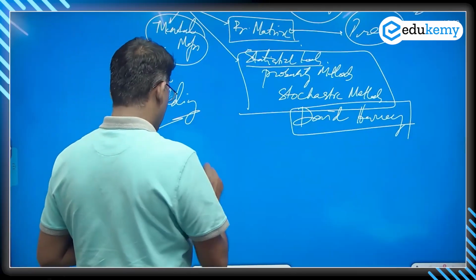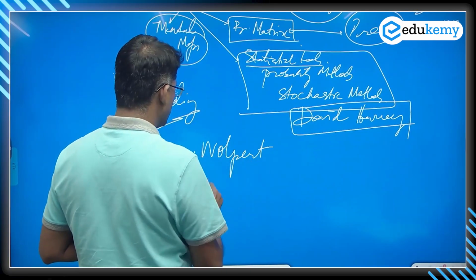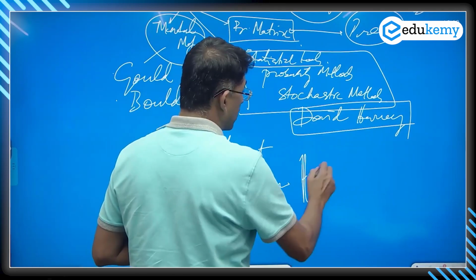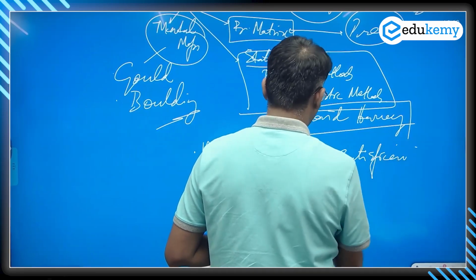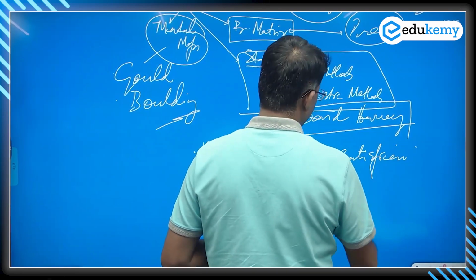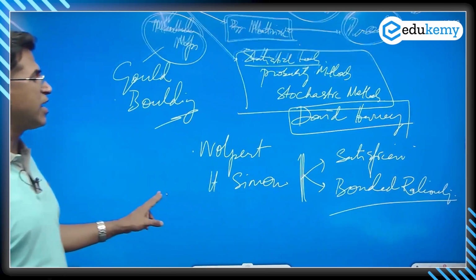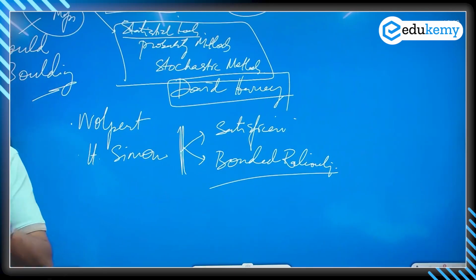I presume you know these concepts. You know the contributions of Wolpert, the contributions of Herbert Simon, and the concept of satisficers, the concept of bounded rationality, that we are rational but within our limits. Our rationality is not perfect.